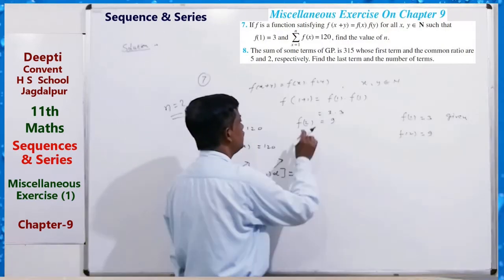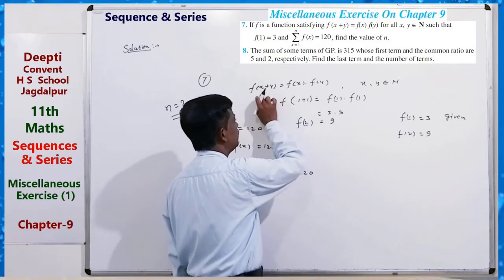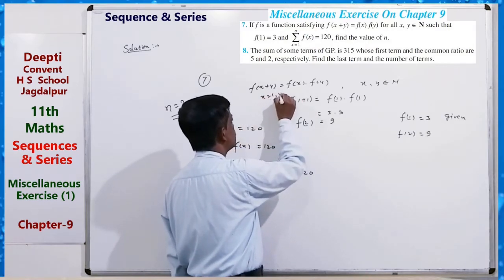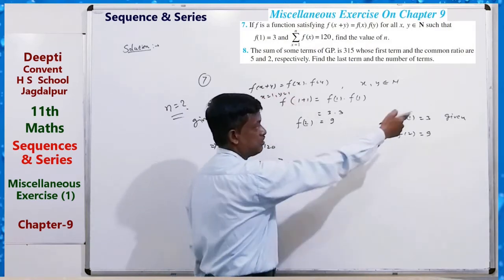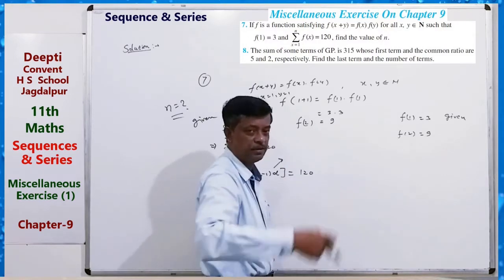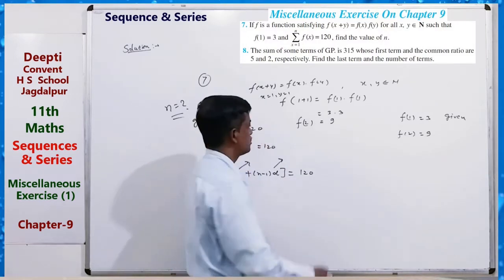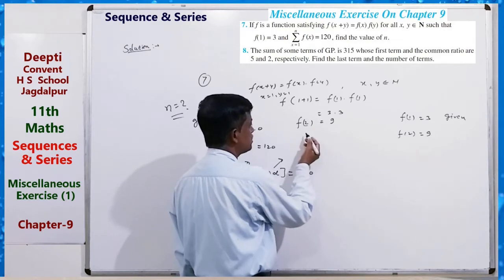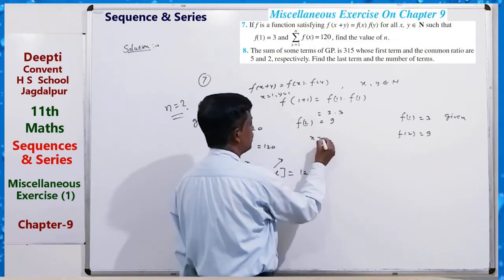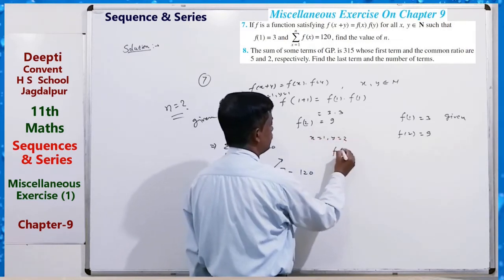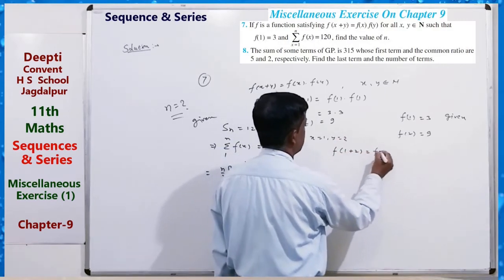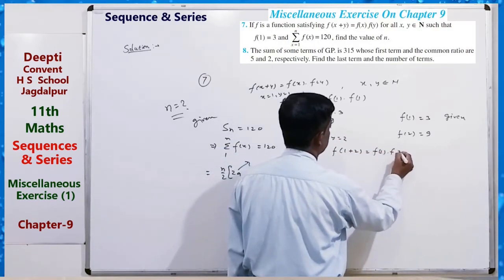For F3, put x equals 1 and y equals 1 for F2; F1 is given, and then F3, F4, F5 and so on. So F2 is this. Now if x equals 1 and y equals 2, then F1 plus 2 equals F1 into F2.